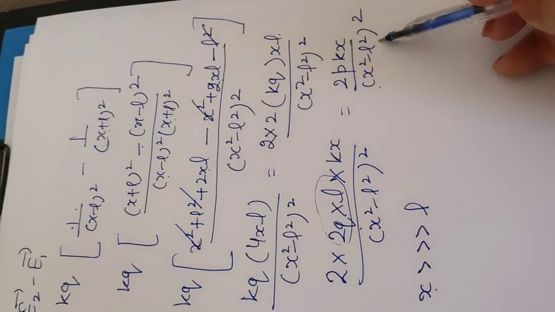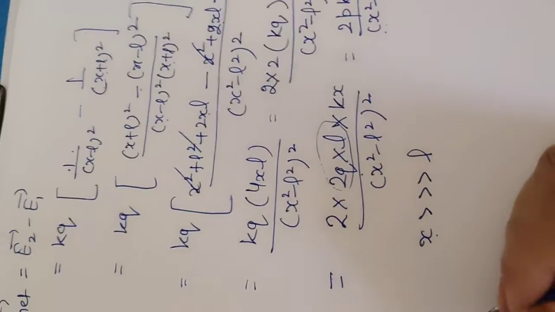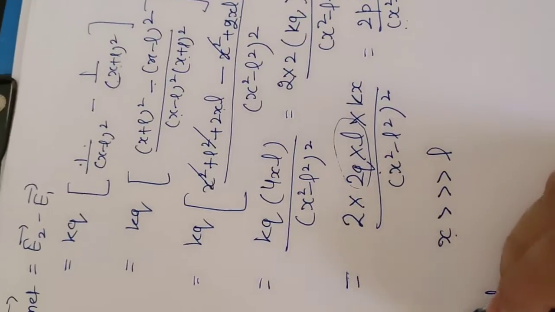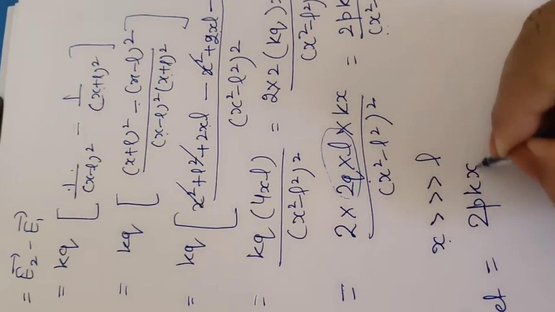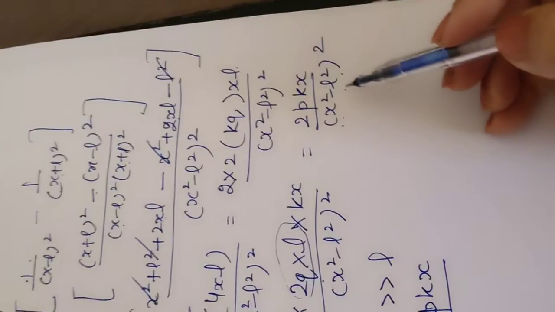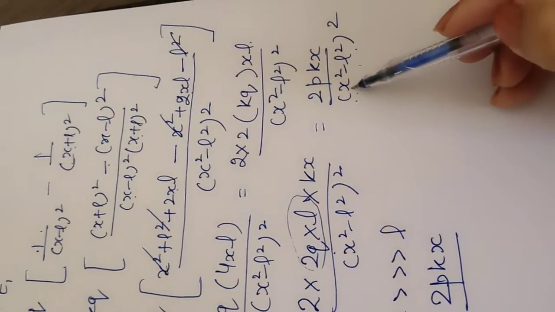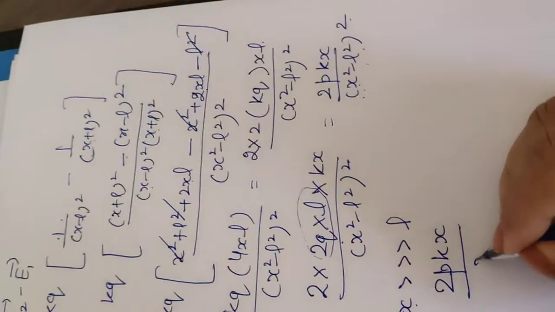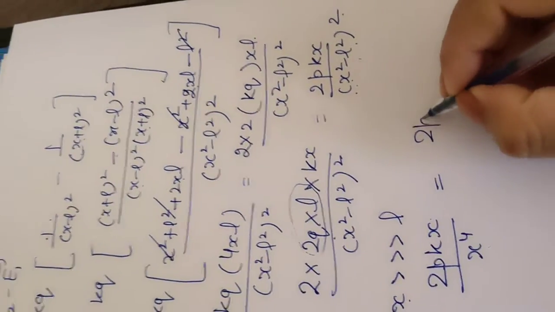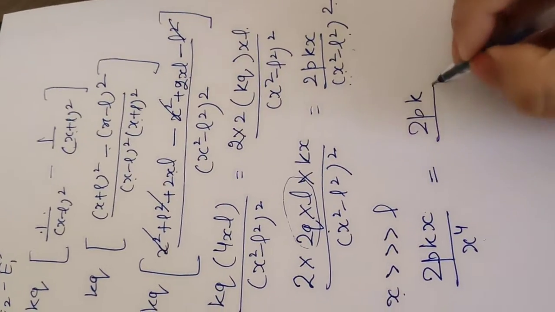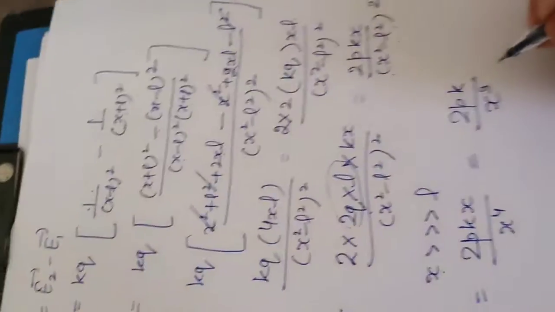Now neglecting this L, what will be left in the denominator? It will become 2 into p into kx upon, L is neglected, so x square whole square will become x raised to power 4. 1 x will cancel out and it will be 2p into k upon x cube.